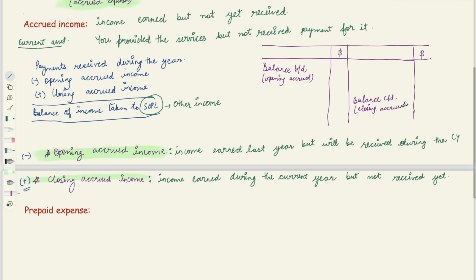Now again, I would have received money, right? So that means bank account debit and income account credit, because incomes are majorly credited. So on the credit side of income, I'm going to write down bank, that I received the money. Payments received.